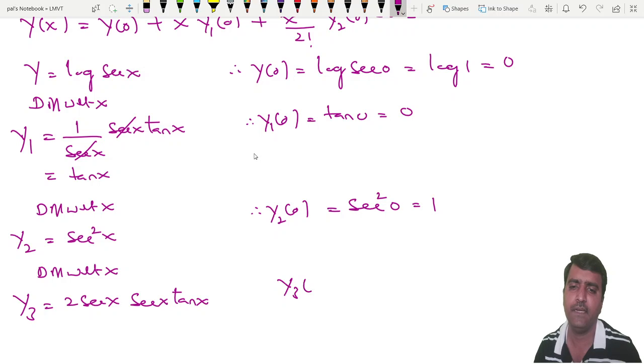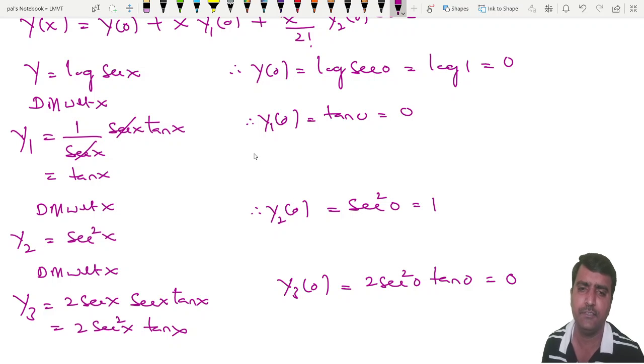So that is y3 of 0 is equal to, okay, so simplifying this is 2 into secant square x into tan x. So that is y3 of 0 is equal to 2 into secant square 0 into tan 0. Tan 0 is 0.